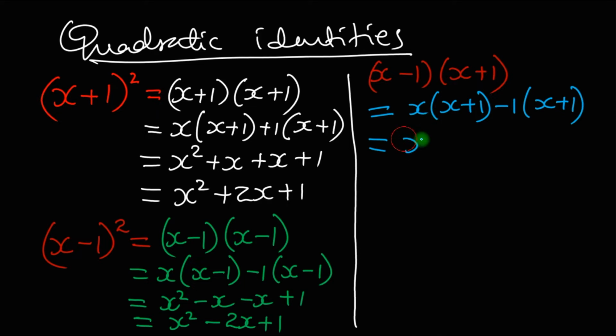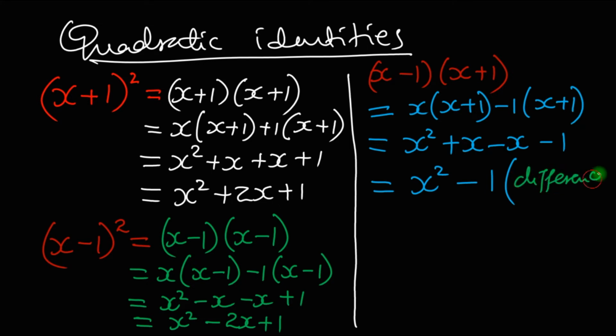So we end up getting x squared plus x minus x minus 1, which is the same as x squared plus x minus x, that is 0. So we end up getting x squared minus 1. And this is actually referred to as difference between two squares. That is difference between two squares.